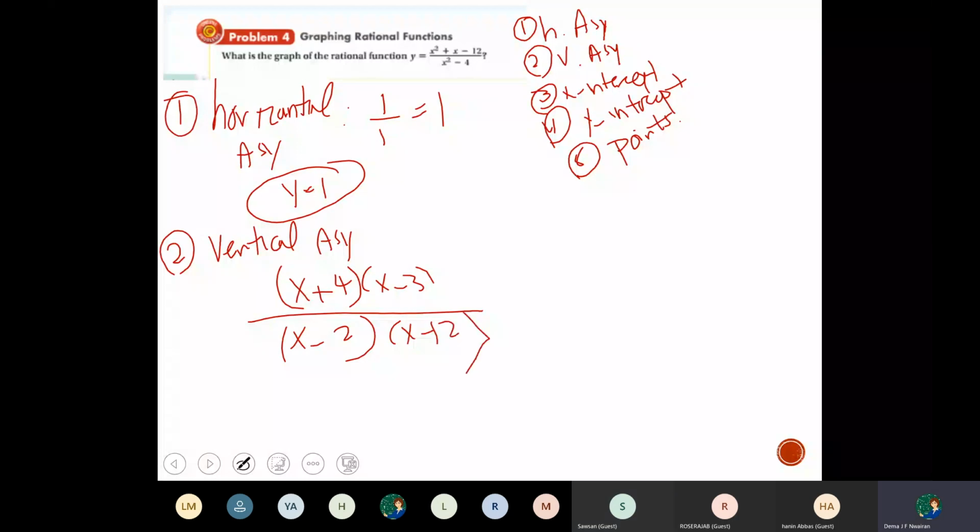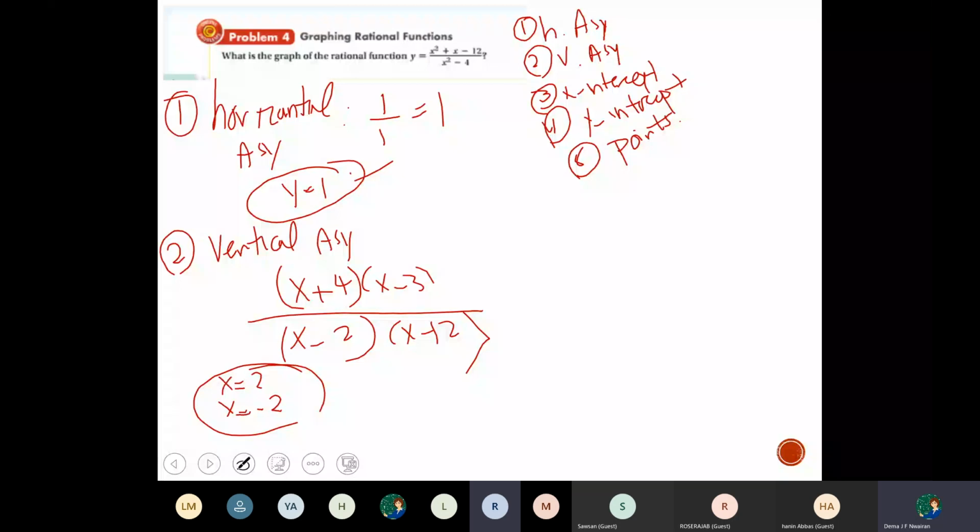So because of that, I will say that we have vertical asymptotes at x equals 2 and x equals negative 2, and a horizontal asymptote at y equals 1. Let's draw it now on our graph.